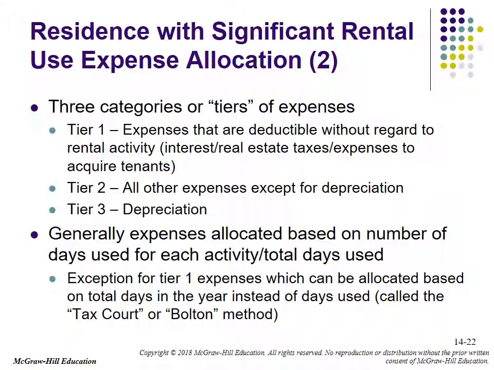What does this do? It allows you to deduct more expenses in Tier 2 and Tier 3 without losing the deduction for mortgage interest and real estate taxes, because you can deduct 100% of them. It's just that part will be in your rental and part will be an itemized deduction.